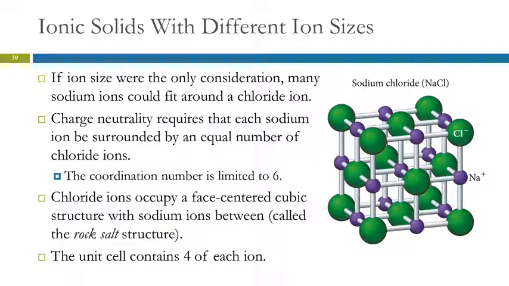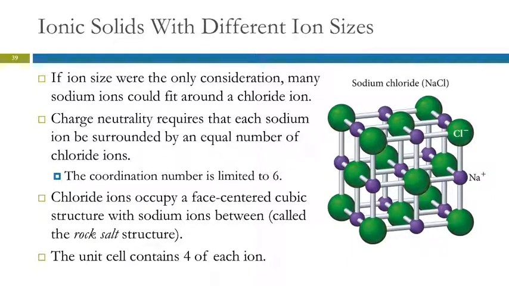If ion size were the only consideration when we have compounds with different ion sizes, with sodium chloride, sodium is a very small ion and chloride is much larger, and so we could fit a lot of sodiums around the chloride. But it has to be charge neutral, so we can only have one sodium ion for every one chloride ion.